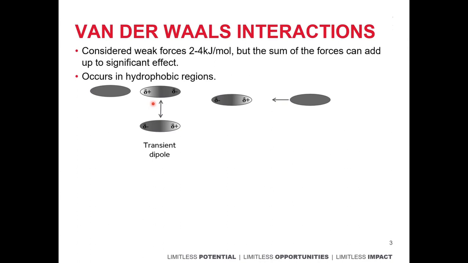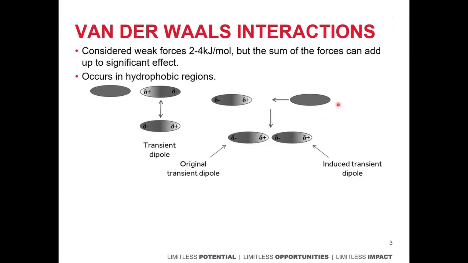Now this transient dipole, when the group containing this dipole approaches another neutral molecule, can have an effect on this molecule to cause an interaction. What happens is the dipole on the original molecule affects the electron distribution in the second molecule.